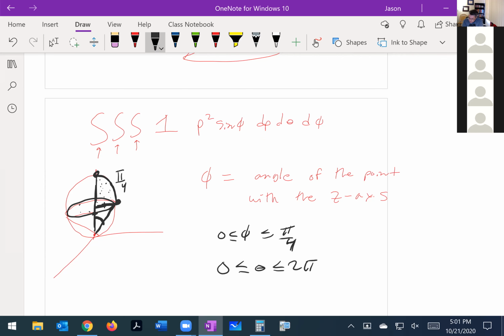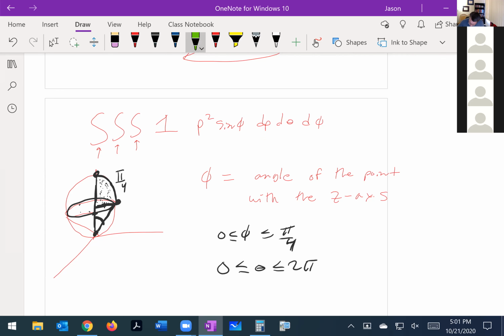The hardest one here is rho. And we're like, how the heck are we going to get rho? Where is rho going from? Rho is going from 0. Rho of 0 would be at the origin, right? How would I get any of these points on this surface?